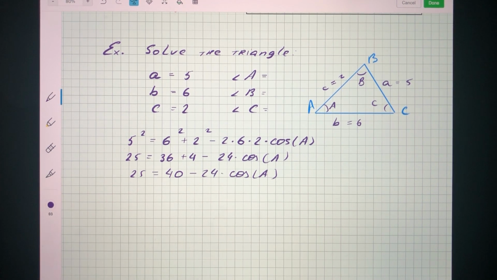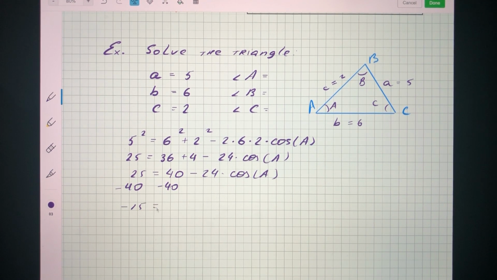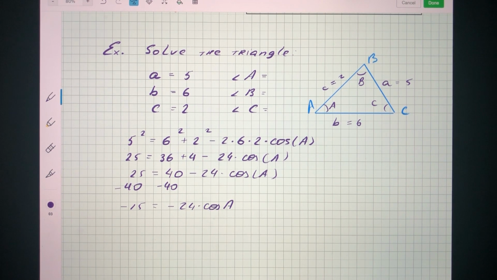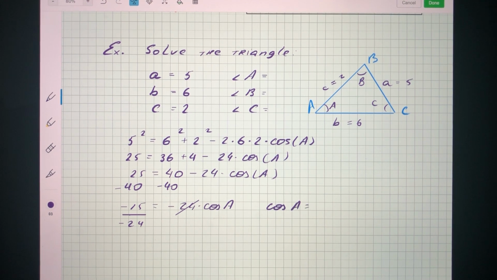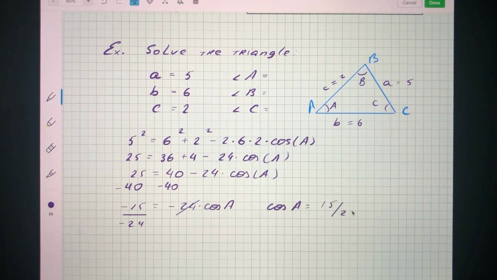To cancel the 40, we minus 40 from both sides. 25 minus 40 makes negative 15, is negative 24 cosine A. So now, to undo multiplication by negative 24, we divide both sides by negative 24, and that gives us cosine A is 15 over 24. We can reduce the answer by 3, but we're not going to do that because that answer goes in the calculator, and the calculator doesn't care if the answer is reduced or not.